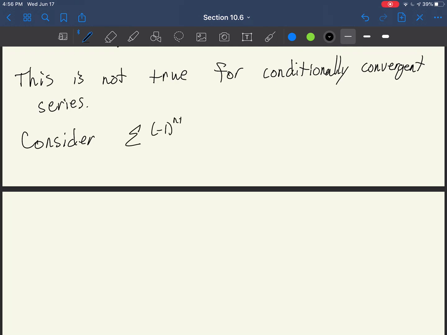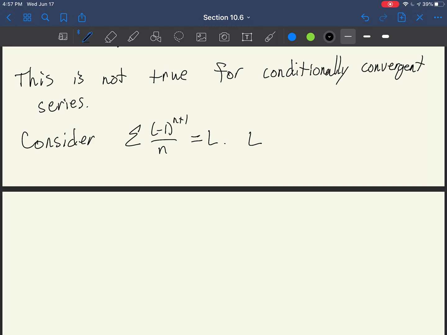Consider the alternating harmonic series. And we know that this converges, but we know that the harmonic series does not converge, so this is a conditionally convergent series.